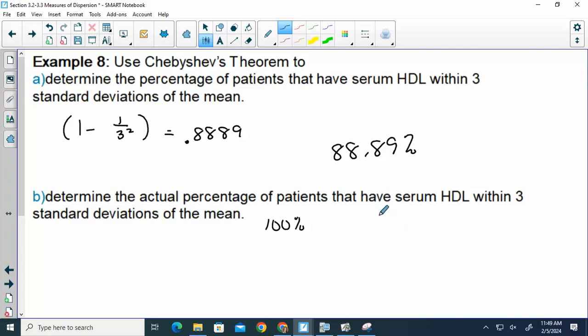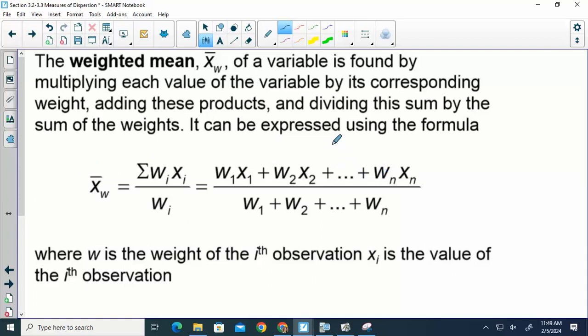All right. The last thing in this section, actually the only thing I'm covering out of section 3, is a weighted mean. To find a weighted mean or weighted average, which is how your GPAs are calculated, you take each value times its weight, add those up, and divide by the sum of your weights.